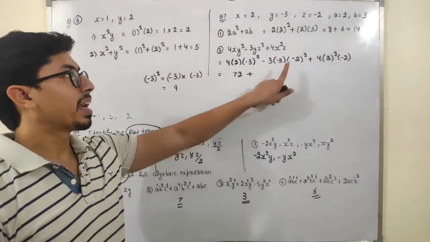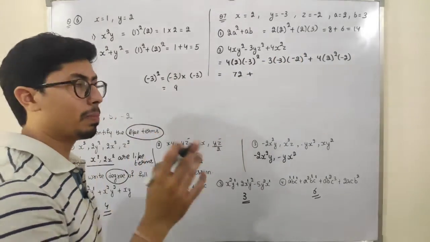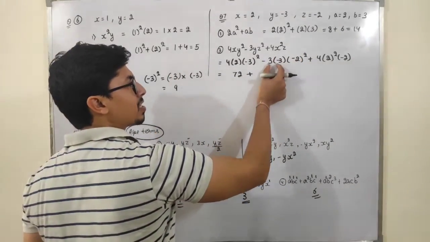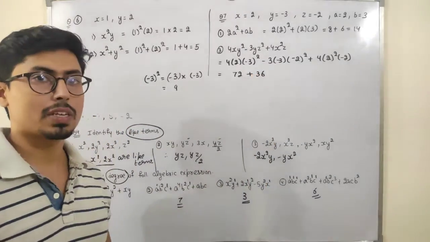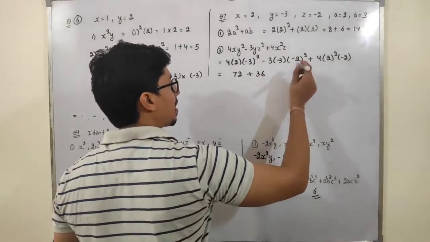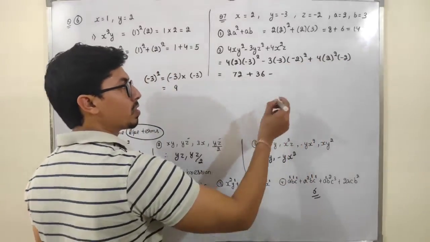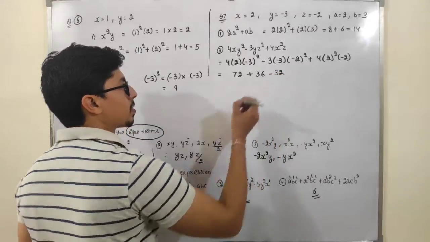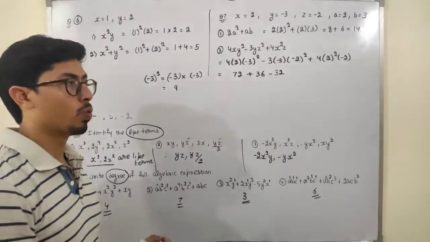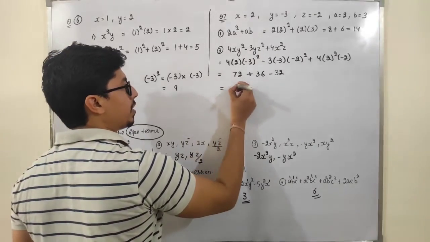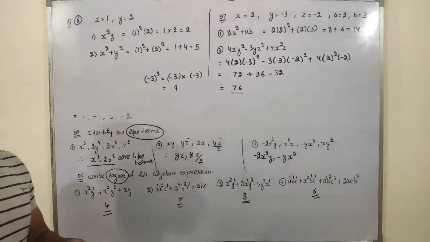Minus 2 raised to power 2 means minus 2 into minus 2, that will be 4. So this is 4, this is 9. So 4 nines are 36. Now minus and plus is minus. So this is 4, 4 twos are 8 and 8 fours are 32 now. Okay. So see, if I just subtract them, it will be 4. So if I just add 72 plus 4, it will be 76. So 76 is our required answer.